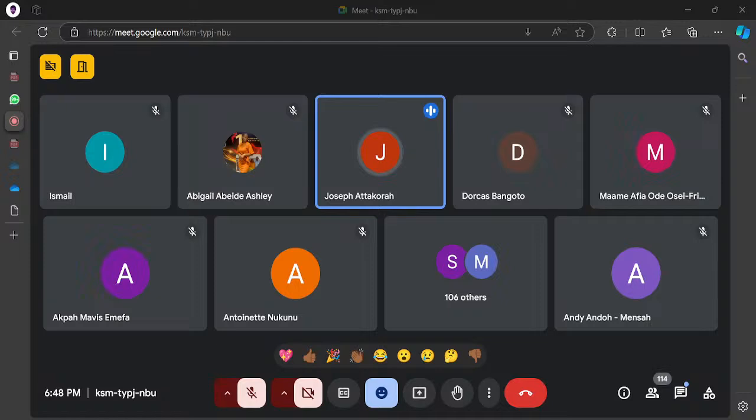So this shouldn't be used as a first line. We are not talking about kidney.